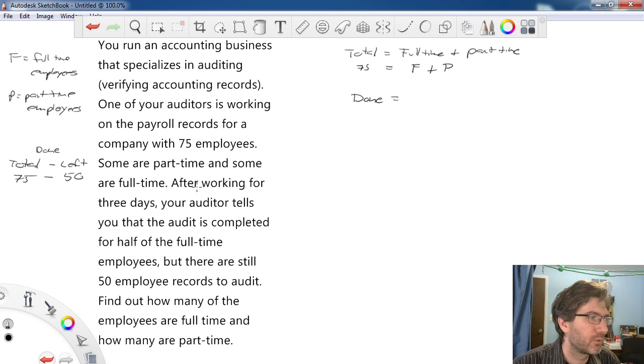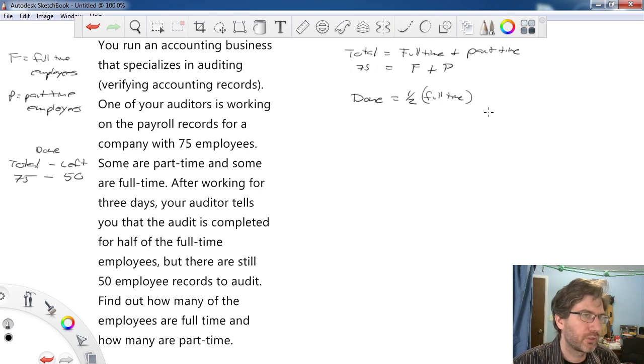Some are part-time, some are full-time. After working 3 days, the auditor tells you that the audit is completed for half of the full-time employees, but there are still 50 employee records to audit. I'm assuming it didn't do any of the part-time ones then. So done is equal to half times the full-time. We might not have P in this one.